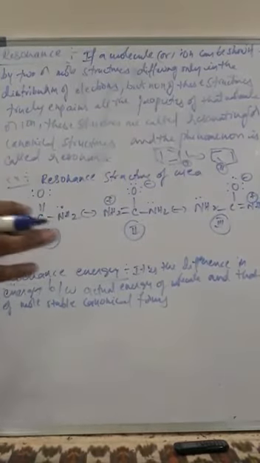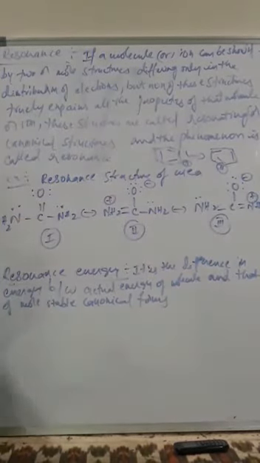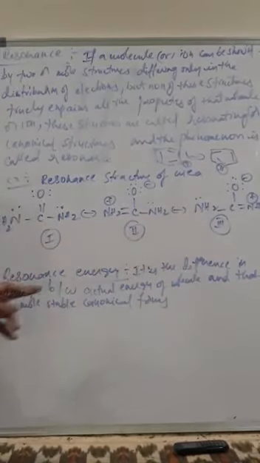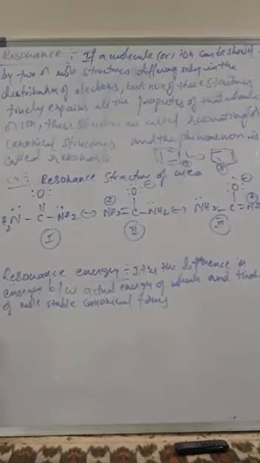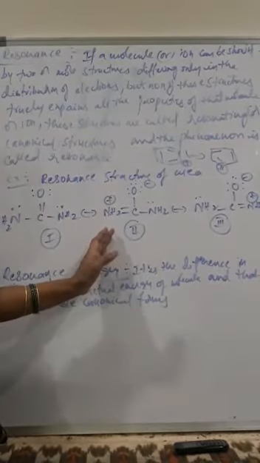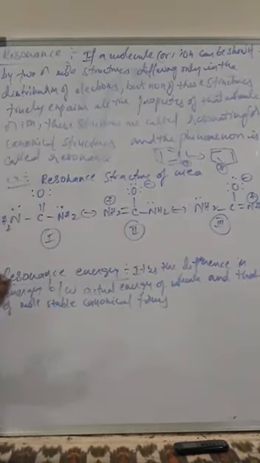For example, consider the resonating structures of urea. Urea exists in three different resonating structures. To explain the properties of urea, we have to take all these three resonating structures into consideration.